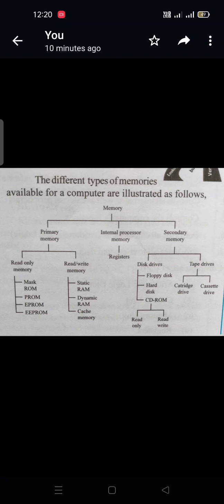Next is erasable programmable read-only memory, the same programmable read-only memory that can be erased and written many times. The erasing of the memory can be done using ultraviolet light for about 10 to 20 minutes. This is done by programmers or hardware persons.